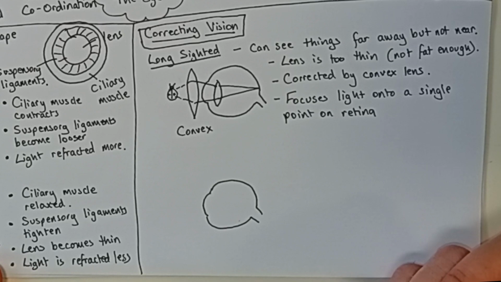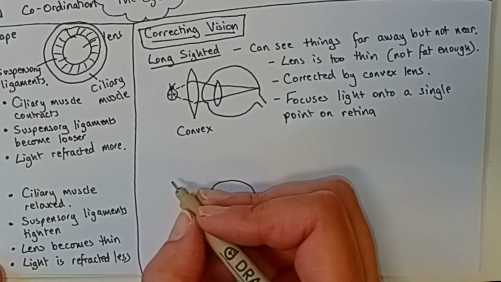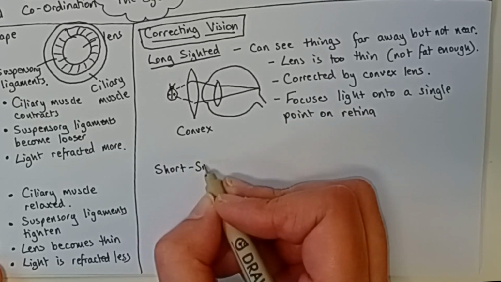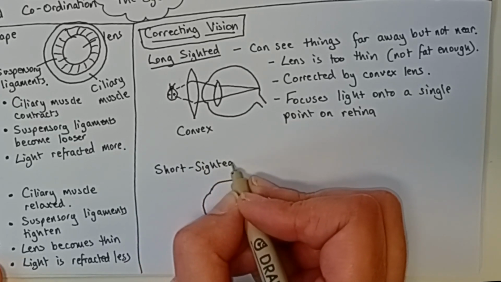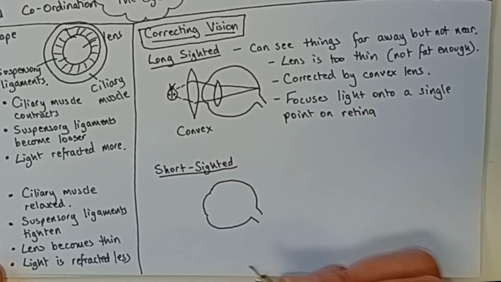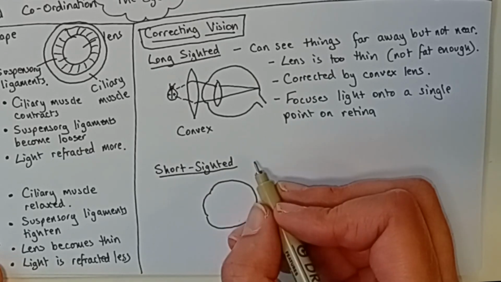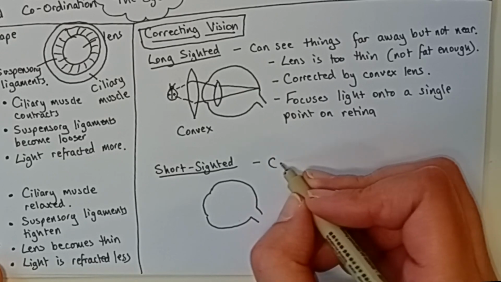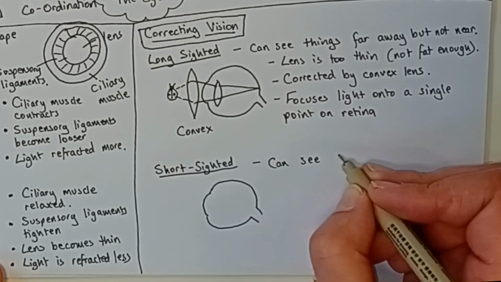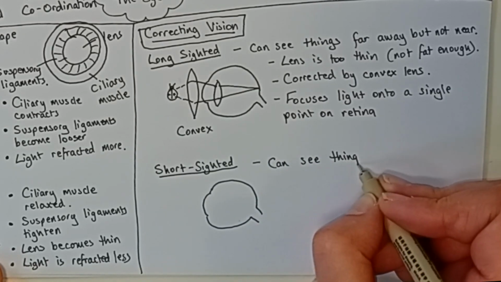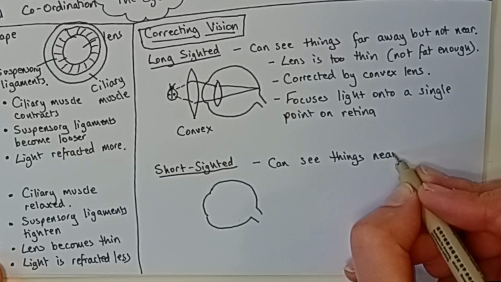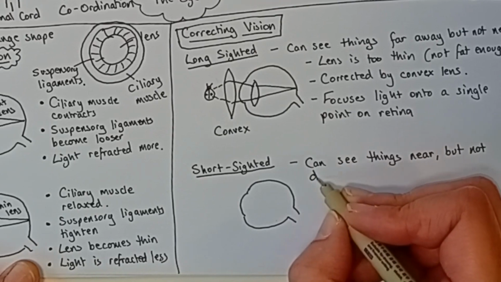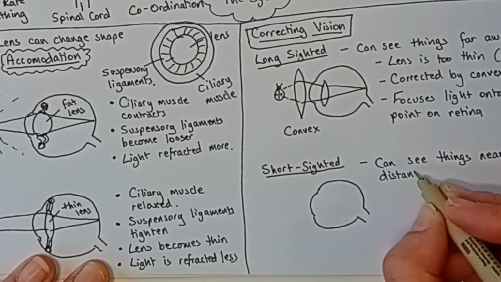Okay, let's have a look then when you are short-sighted. So when you're short-sighted, it means you can see things near but not far away, or distant.